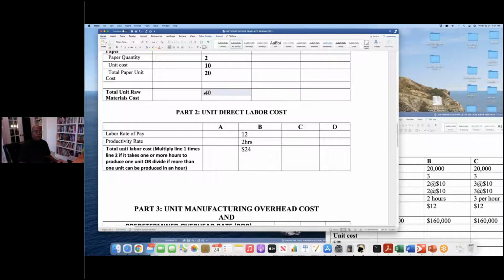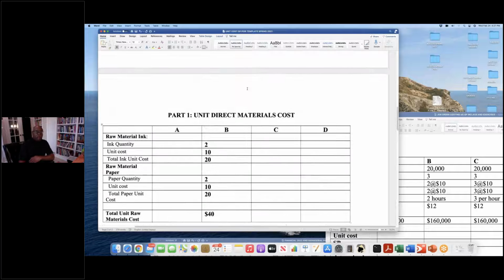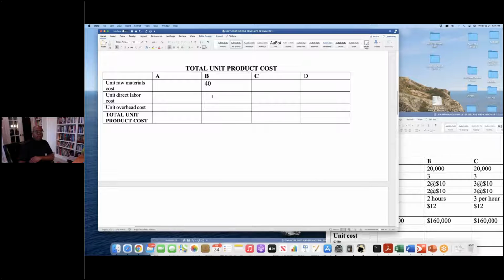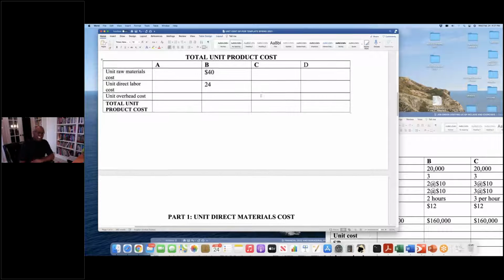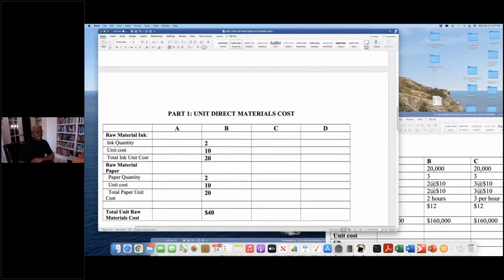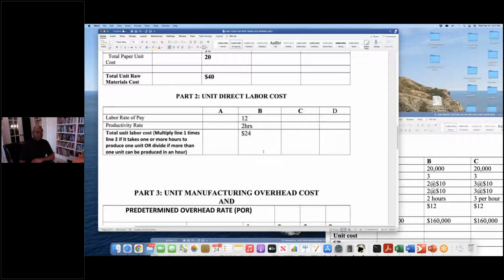This is why I wanted to go through all the way. Now we can move the $24 up. I'm giving you the format you'll use on your quiz on Monday, where you'll only have 15 minutes at the start of the period.